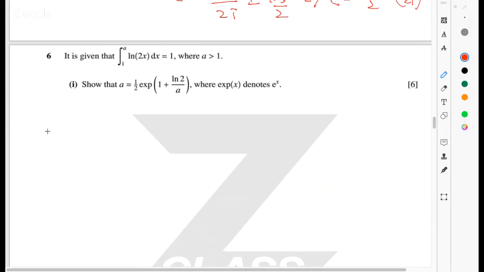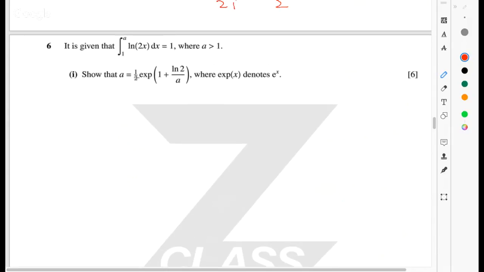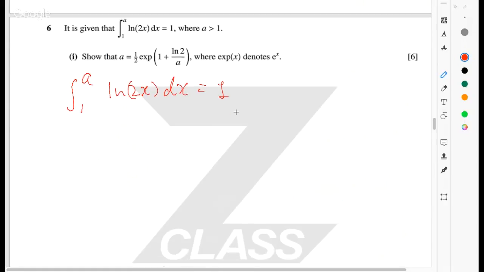Question 6. Now we have an integral equation where you integrate from 1 to a, ln 2x dx, and we get 1. When you see an expression like this, we know that we haven't learned any method to integrate ln of x directly.